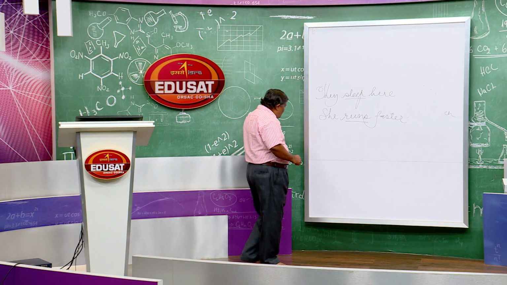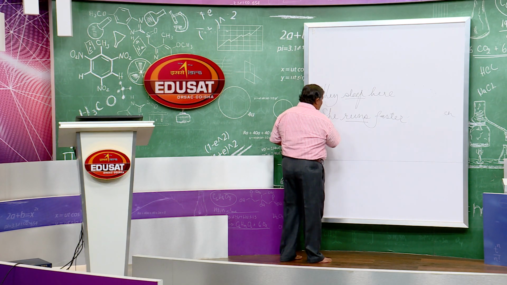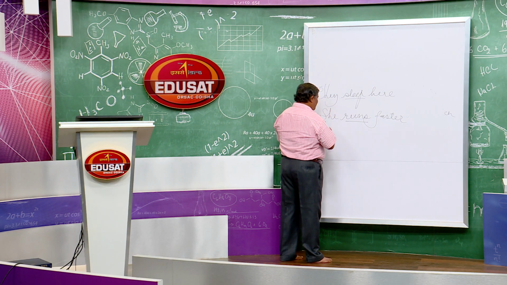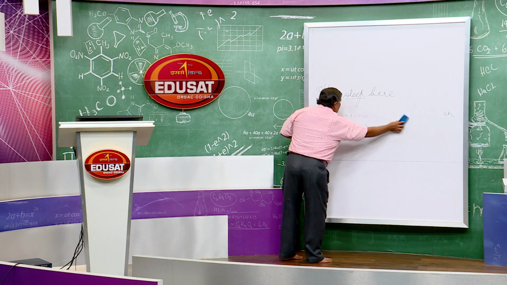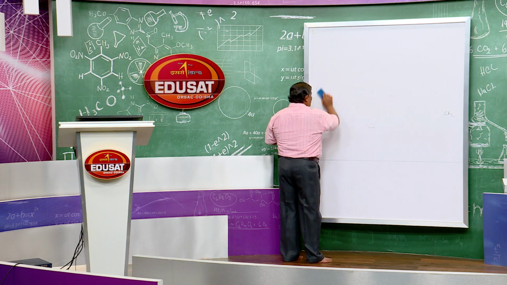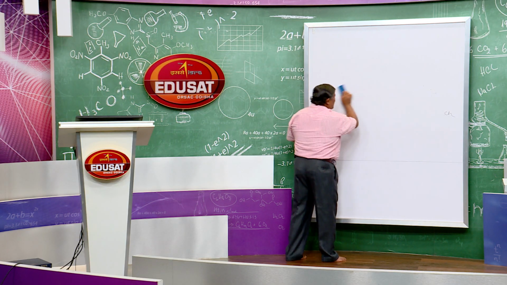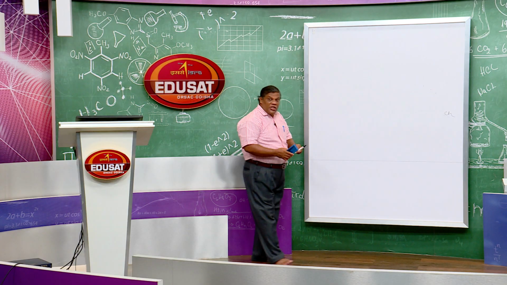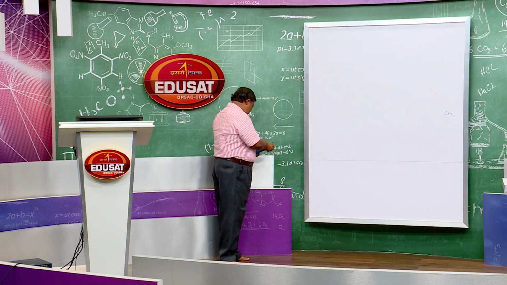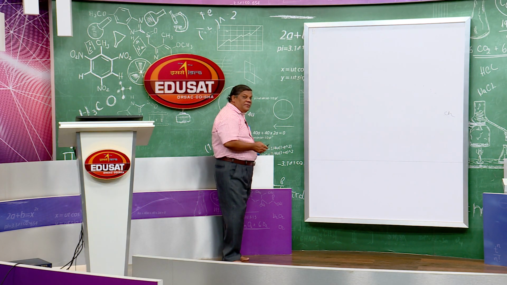The tense of the verb is very important also. In the sentences "sleep" and "runs," these verbs also carry tense, because a verb must carry tense. So, tense is very important.